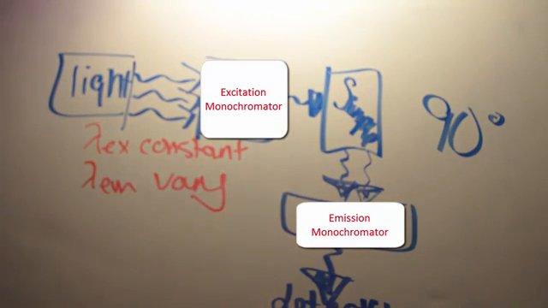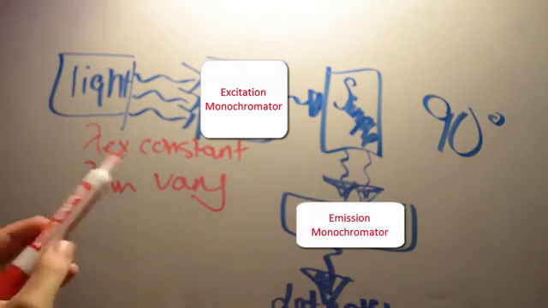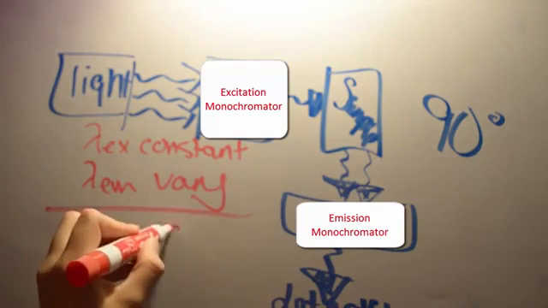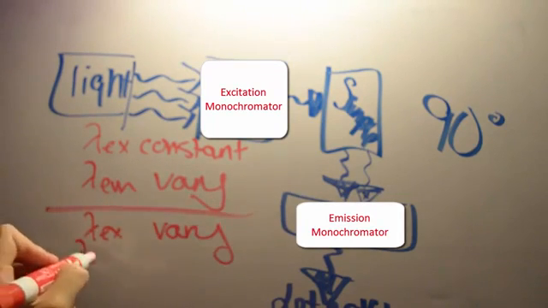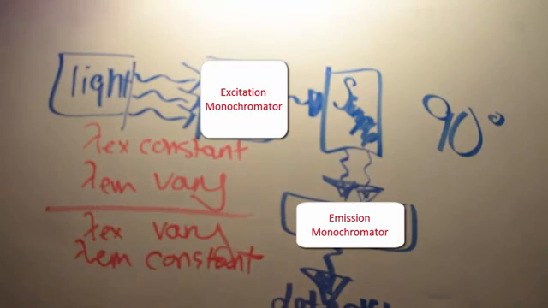By that I mean have one wavelength that you're observing, and then vary it, meaning sweep it through a bunch of different wavelengths. And this is a technique used for an emission spectrum. For an excitation spectrum, you do the exact opposite. You vary the excitation wavelength, and you keep the emission wavelength constant.